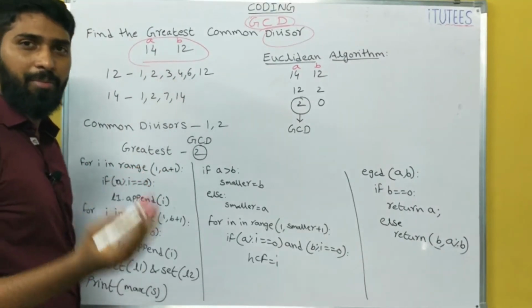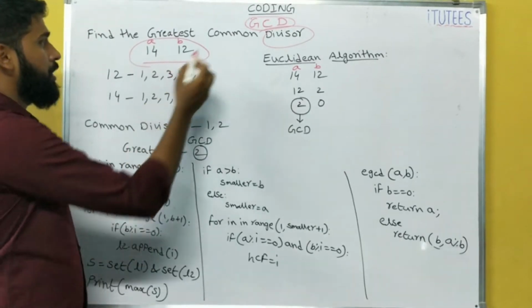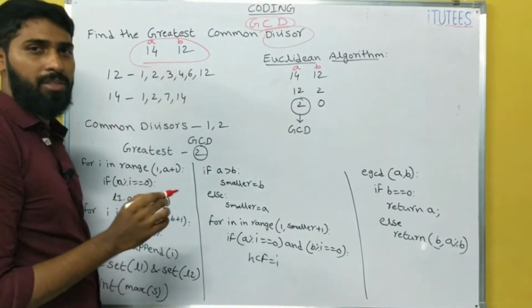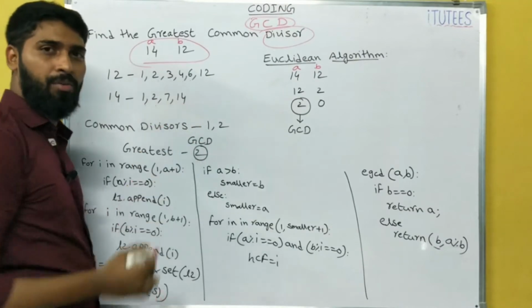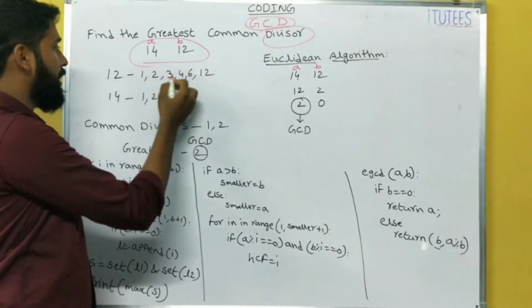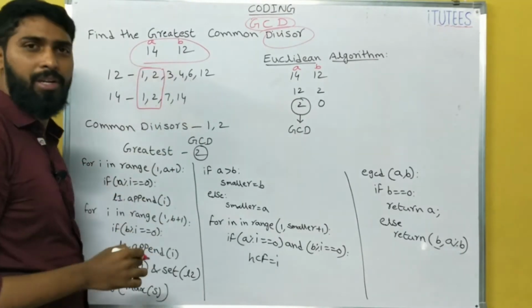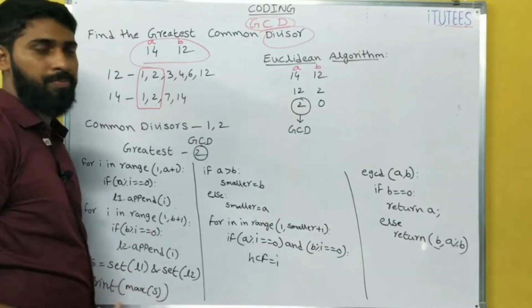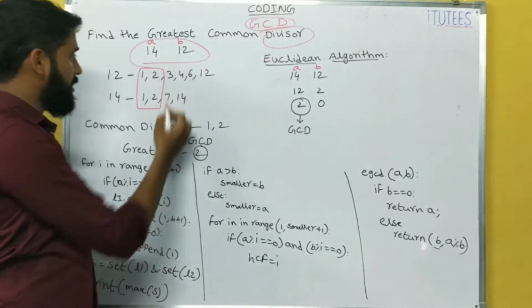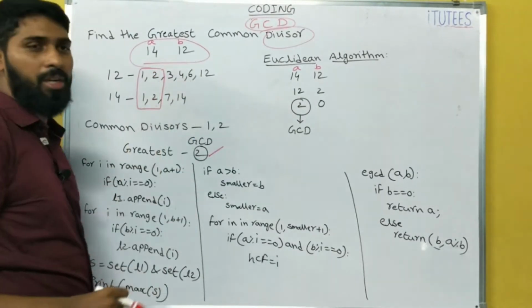That means if we get remainder 0, then we can say the number is a divisor. Same for 14, the divisors are 1, 2, 7, 14. The common divisors in these two values are 1 and 2. So what is the greatest common divisor? 2. So 2 is the answer for 14 and 12.